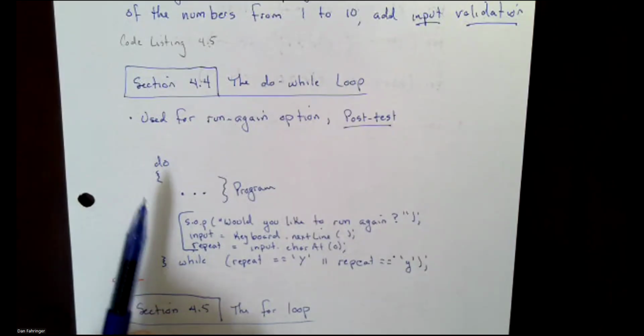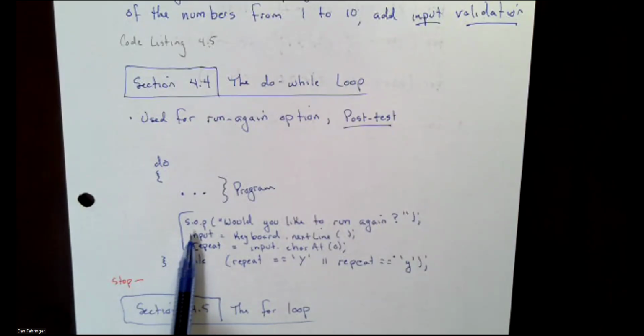So you put in this do, and then you have these lines. Hey, would you like to run again? This is an example. And while repeat equals Y, I keep doing the program over and over. It's a good example for a do while loop.